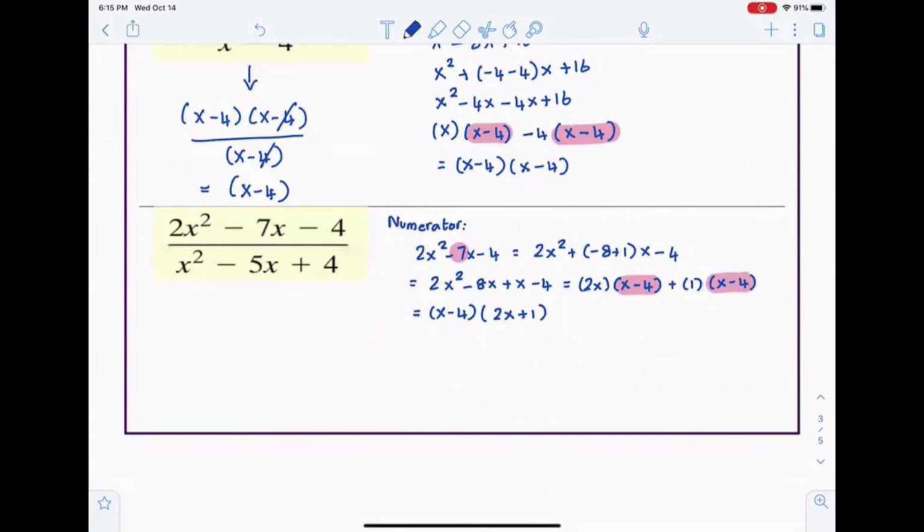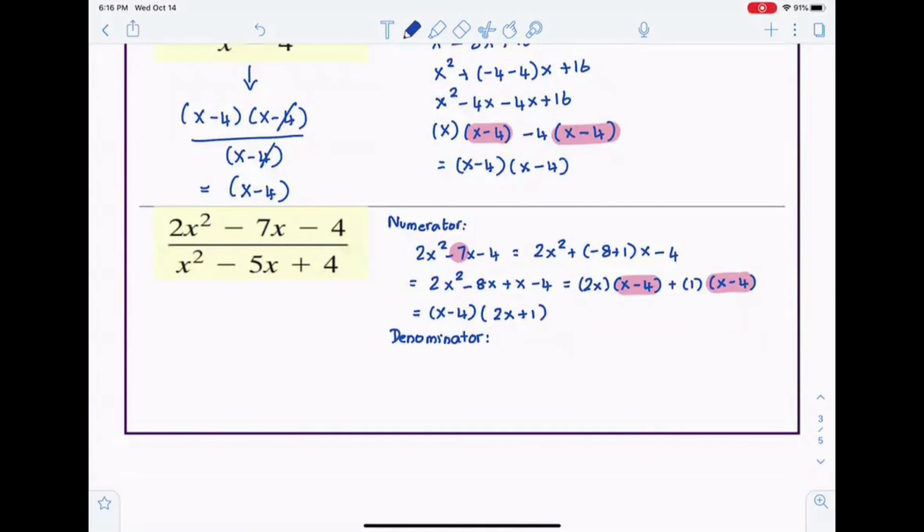We could do a similar approach with the denominator. We need to come up with two numbers so that when I add, we get -5, and when we multiply, we get the product of the first and the last coefficient, which is 1 times 4. I need to get 4.